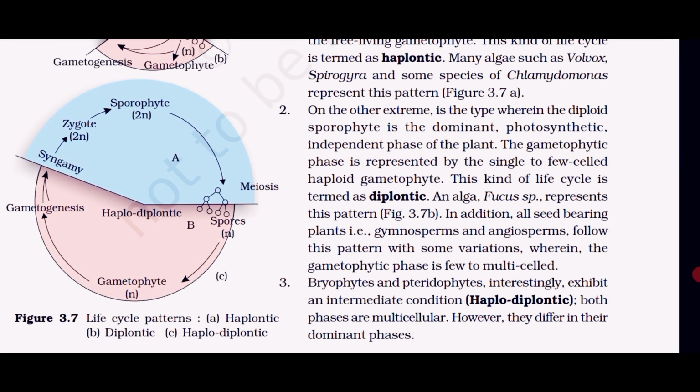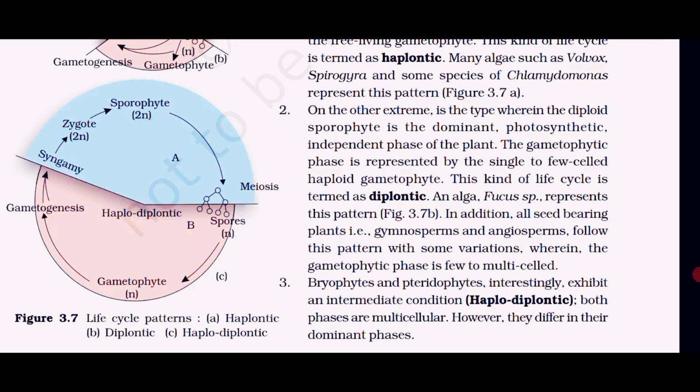2. On the other extreme is the type wherein the diploid sporophyte is the dominant photosynthetic independent phase of the plant. The gametophytic phase is represented by the single to few celled haploid gametophyte.